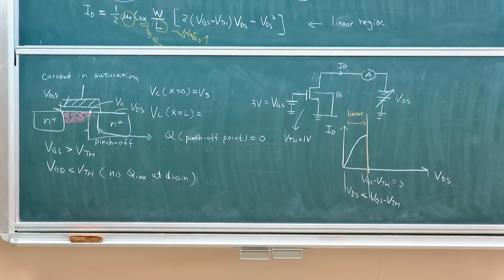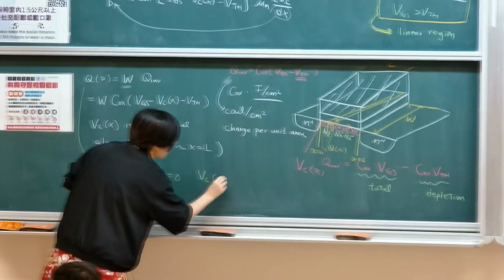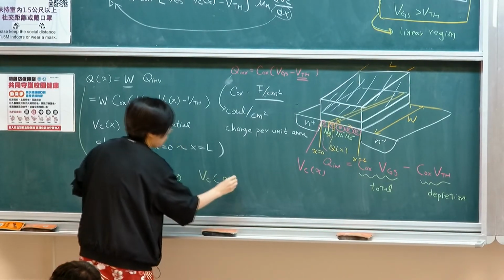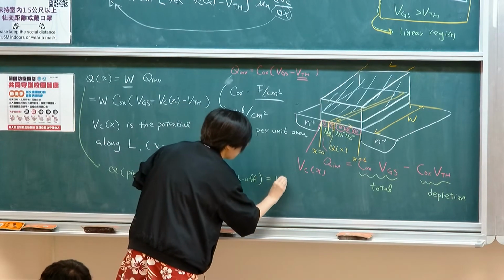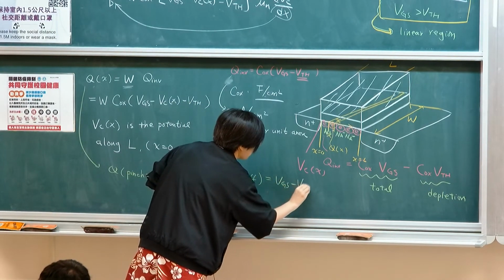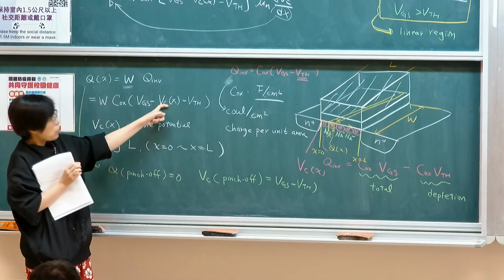This tells us that Q, the charge density at pinch off, equals 0. When does this happen? This simply means that VC at pinch off equals VGS minus VTH, so that this term will just reach 0.